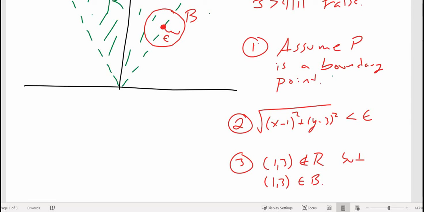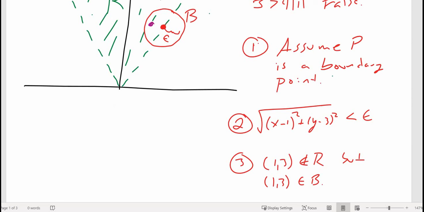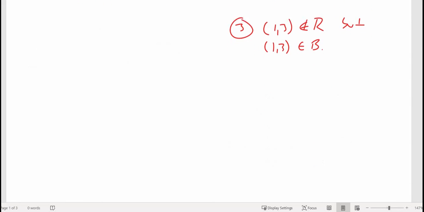So we're going to pick some other point here, and we're going to say, what does it take for that point, and I'm just going to call it (x, y), to be in both the region and the circle around the boundary point? So let's see what happens.